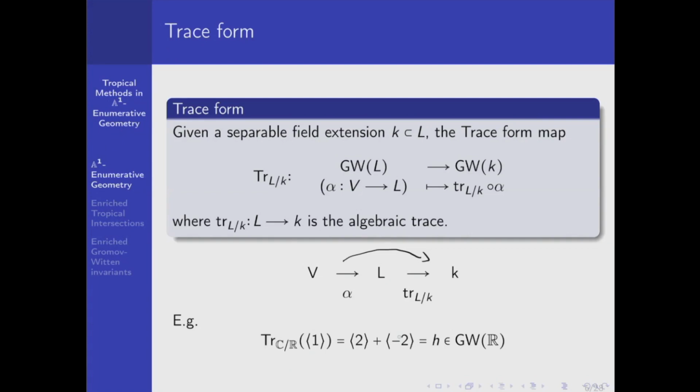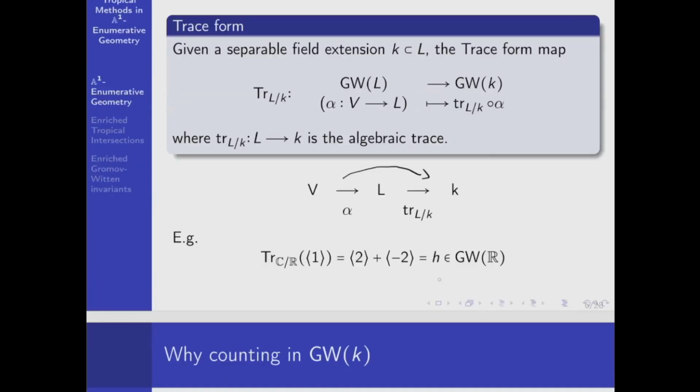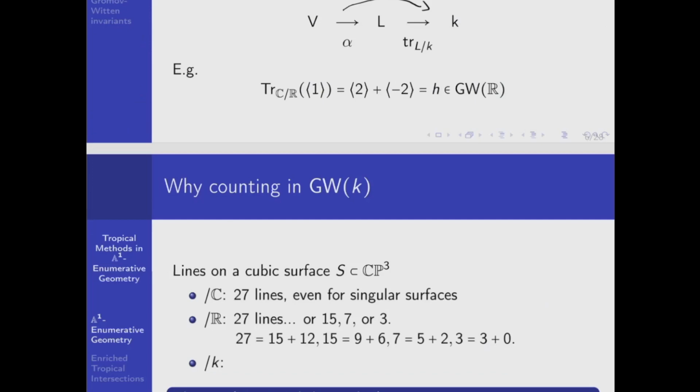But from the relation that we saw before, 2 plus minus 2 in R is the same as 1 plus minus 1, and then this is just H. This is the reason why H will appear a lot.